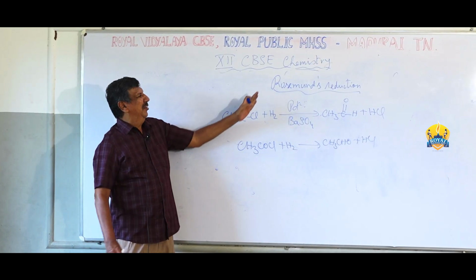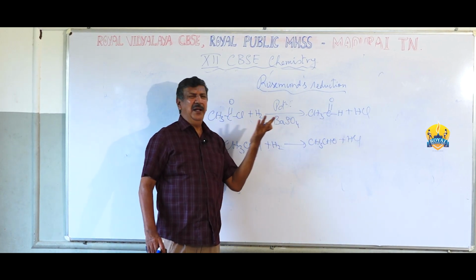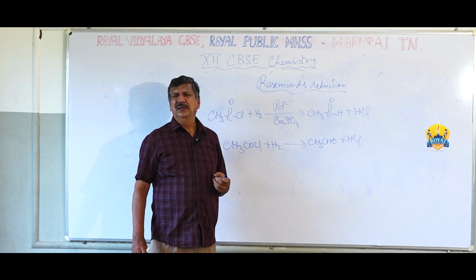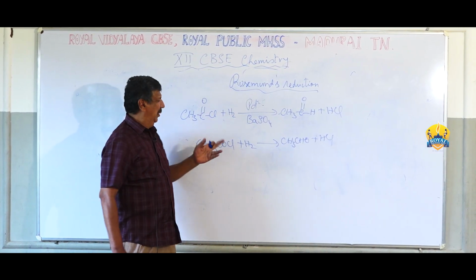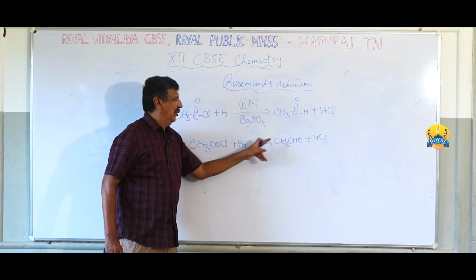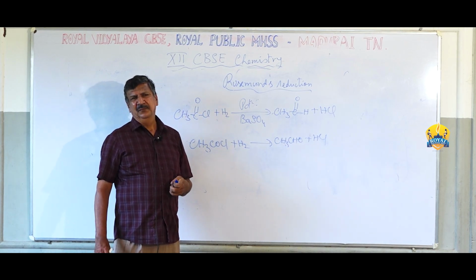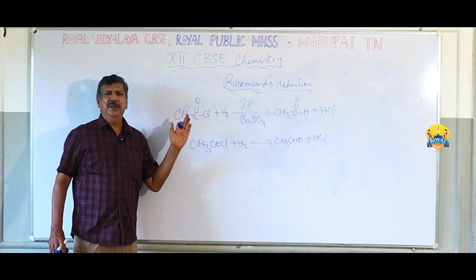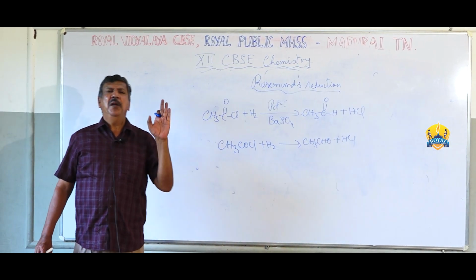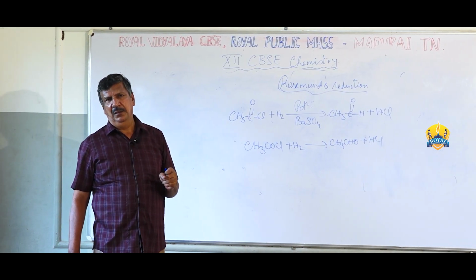Sir, Rosenmund reduction means acetyl chloride to acetaldehyde. That's all. You can tell like this. When acetyl chloride is converted into acetaldehyde, it is the Rosenmund reaction. So, this is how you should know the formulas regarding organic chemistry.